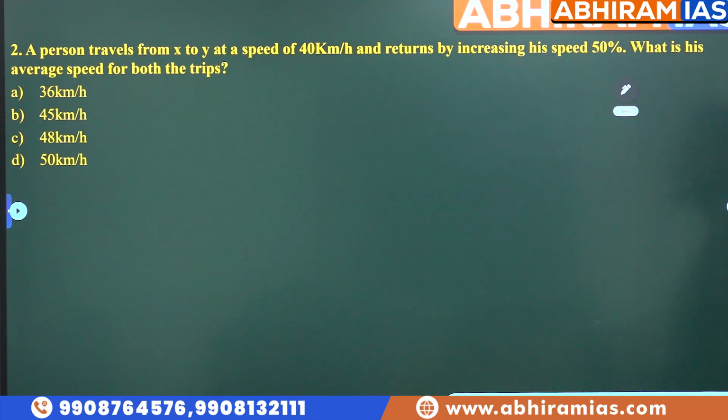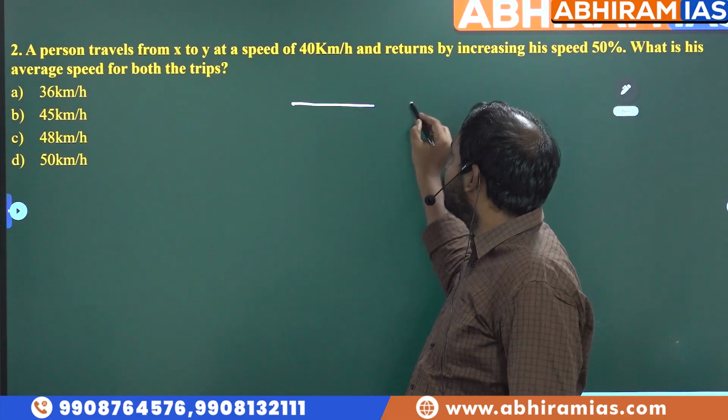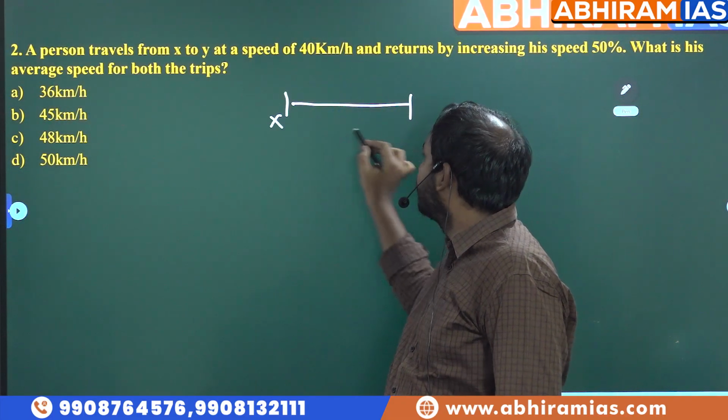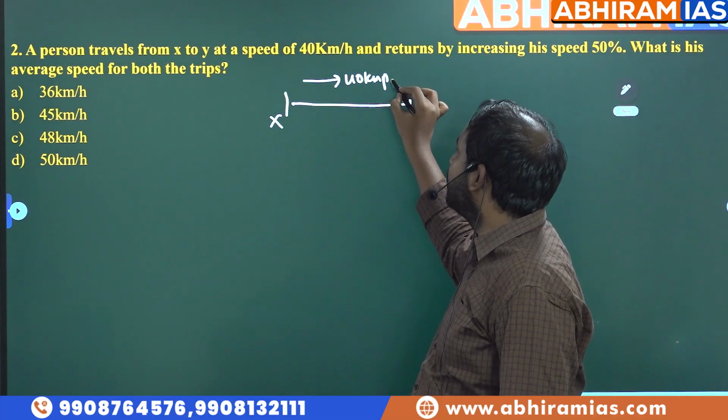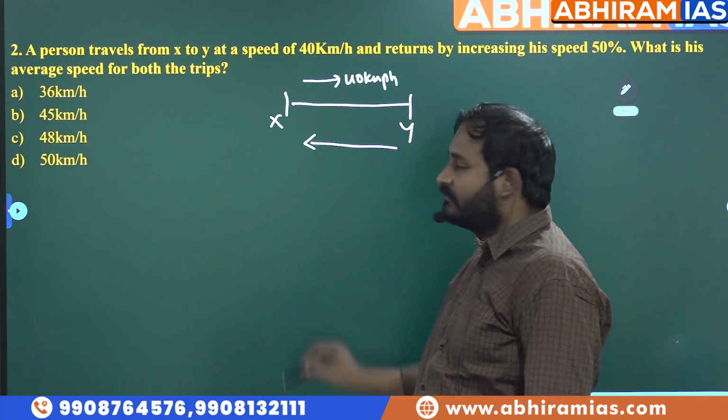Right. See the second question. A person travels from X to Y at a speed of 40 kilometers per hour and returns, that means equal distance only, by increasing his speed by 50%. What is the average speed for both the trips? X to Y he is going with 40 kmph, and he is returning with 50% more.